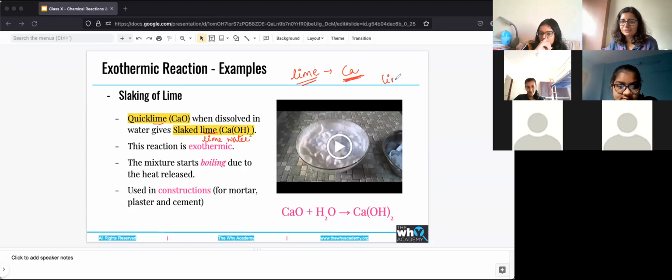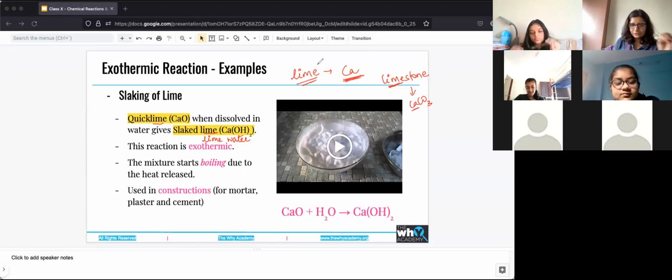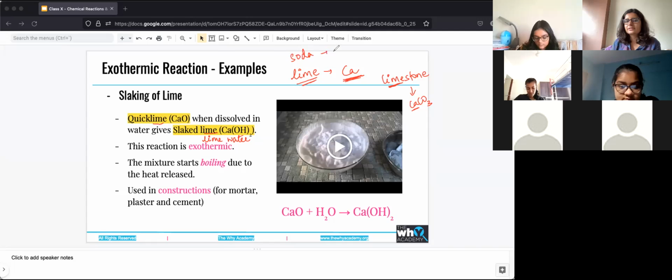Similarly, limestone, another word for marble, is calcium carbonate. We'll see that in future, but just letting you know. So usually if you come across lime in the name, it's a calcium compound. If you come across soda in the name, it's a sodium compound, like baking soda, washing soda, caustic soda. Just a note.